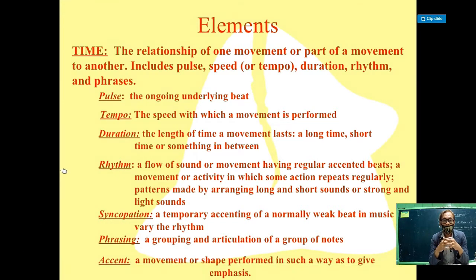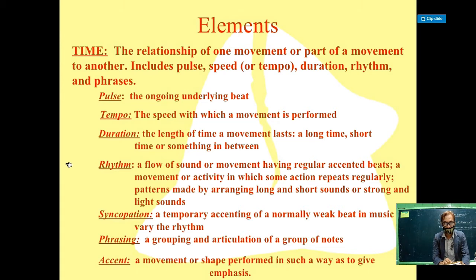Number one element is time. In relationship with one movement or part of a movement to another, it includes pulse, speed or tempo, duration, rhythm, and phrases. So just read all of these sentences here.